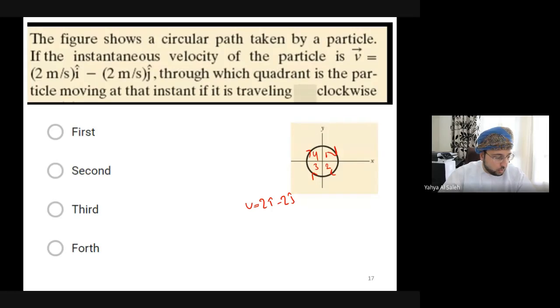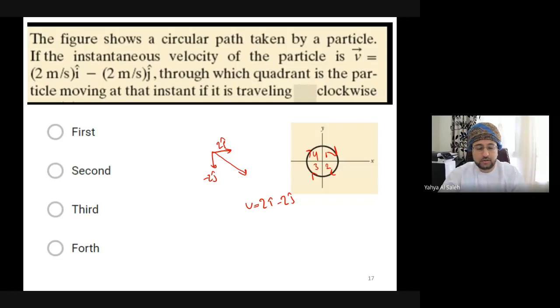Okay, so we're all over the place. Let's draw it. Which direction is 2i going in? 2i is this, right? What about minus 2j? The minus is important. What is the resultant of these two going to be?